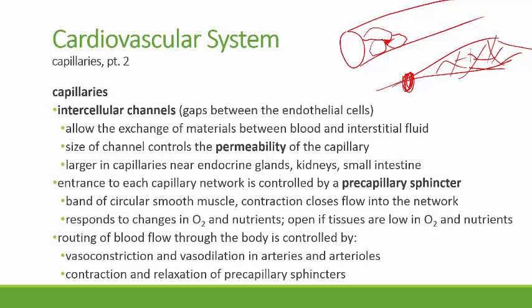So it's precapillary because it's right before that capillary network, and it's a sphincter because it's composed of smooth muscle that wraps around the blood vessel. So sphincters are always smooth muscle, and they wrap around a tube of some sort. So there's the anal sphincter, there's the sphincter between the stomach and the duodenum, the first little part of the small intestine.